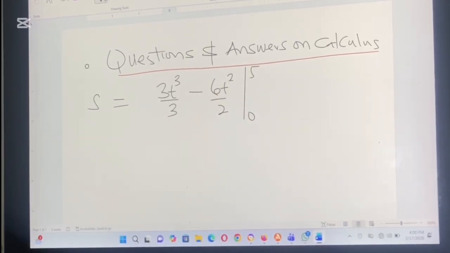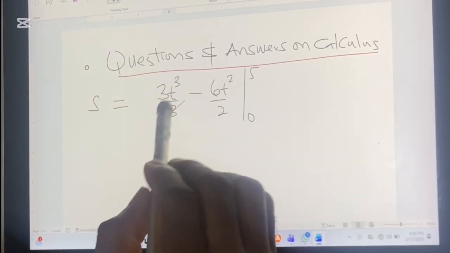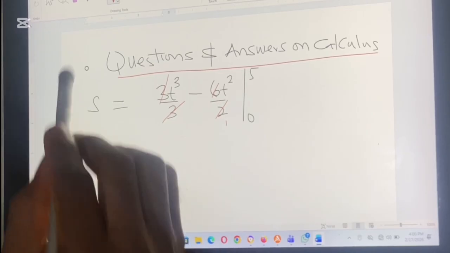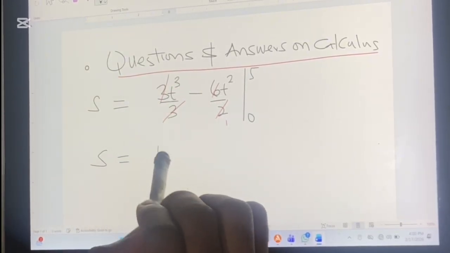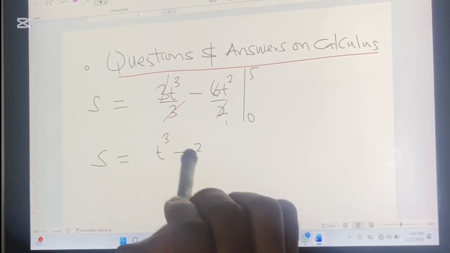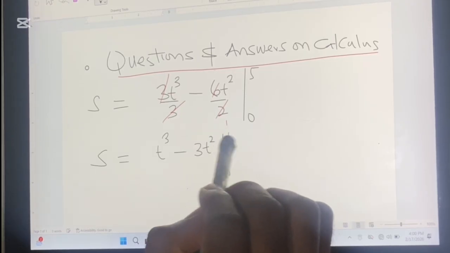So if you cancel, this 3 can cancel this 3, 2 goes into this is 1, 2 goes into this is 3. So when you do that, our distance will be equal to t raised to the power of 3 minus 3t raised to the power of 2, in the boundary of 0 and then 5.